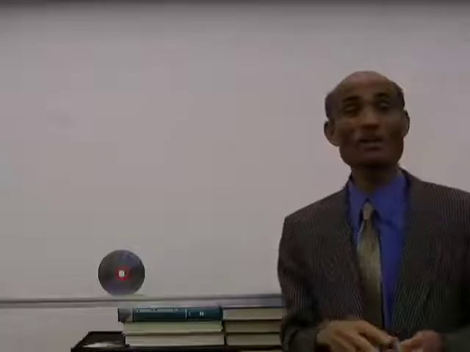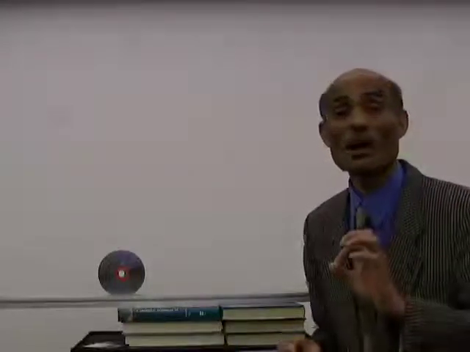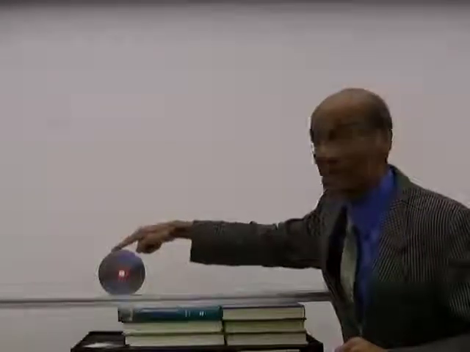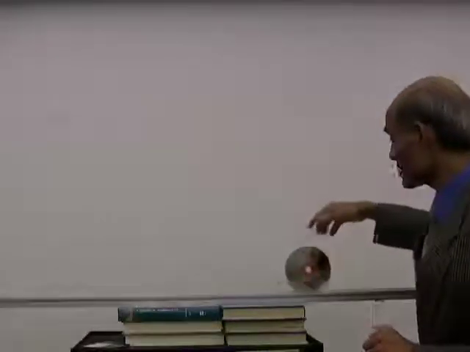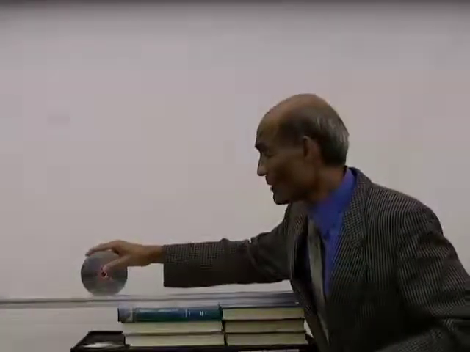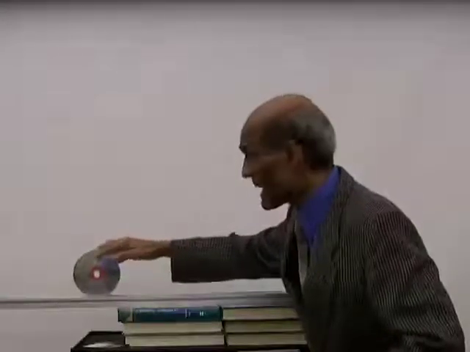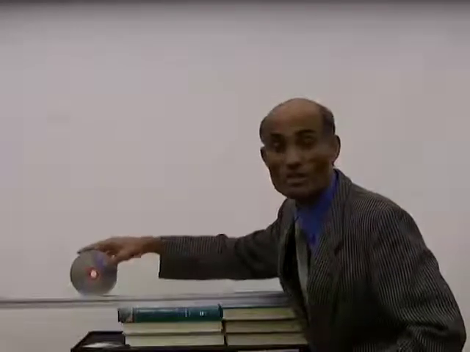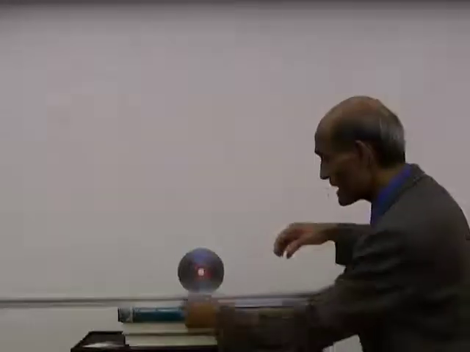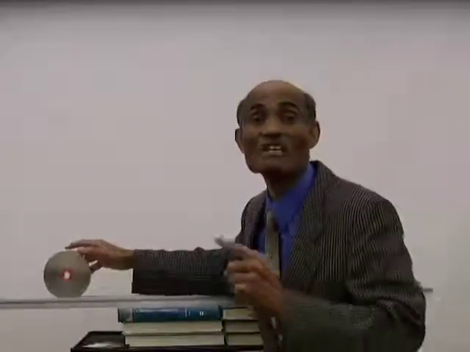That means it has kinetic energy of rotation. What is the equation for kinetic energy of rotation? K rotation is 1/2 I omega squared. And also its center of mass, this is the center of mass, moves in a straight line with a linear motion. That means there is a translational kinetic energy, 1/2 m v center of mass.